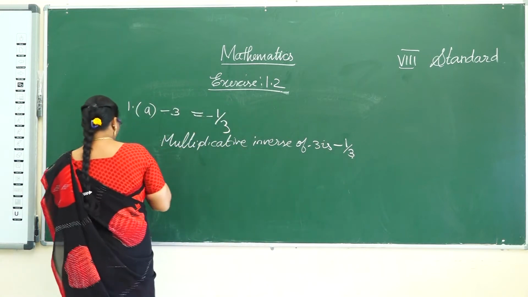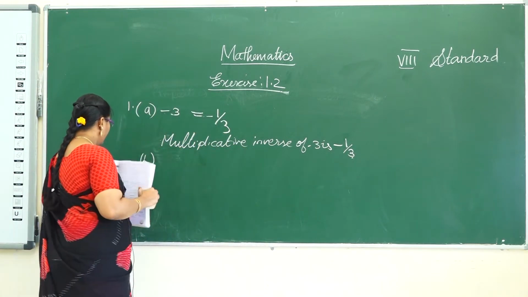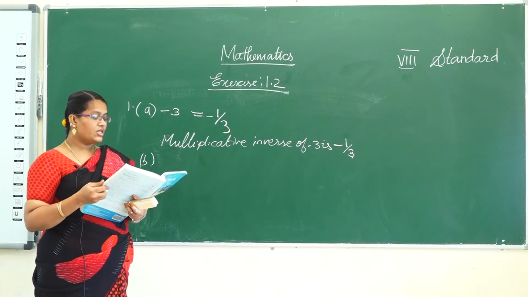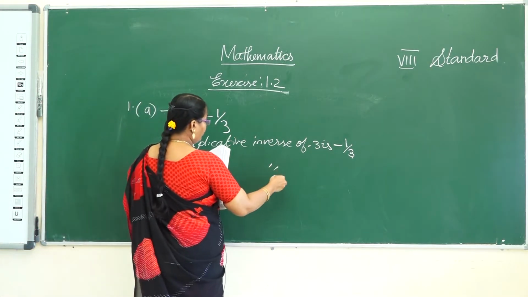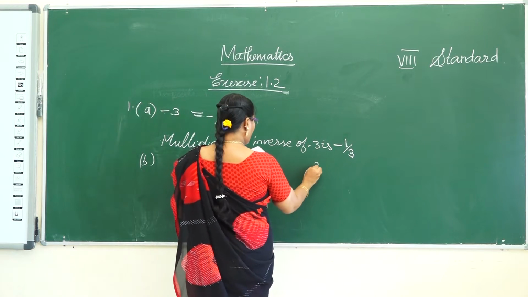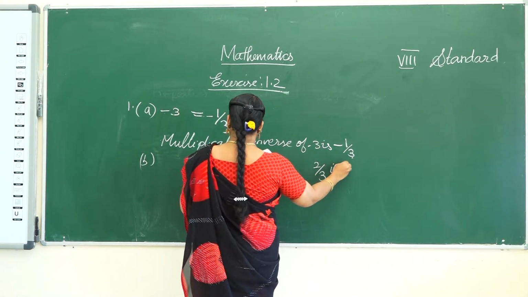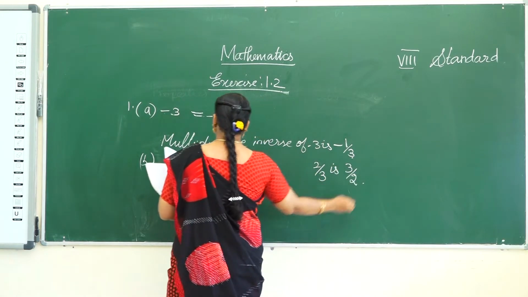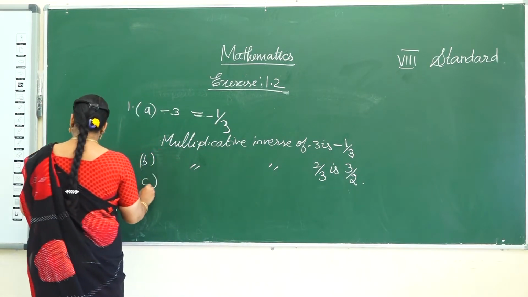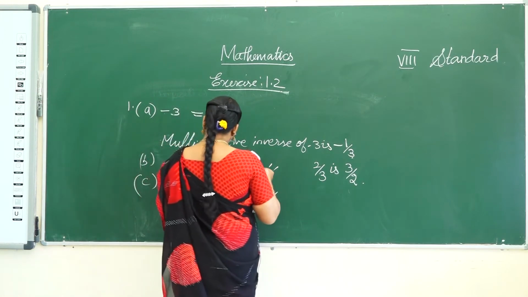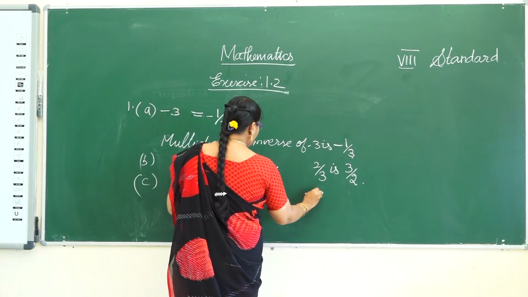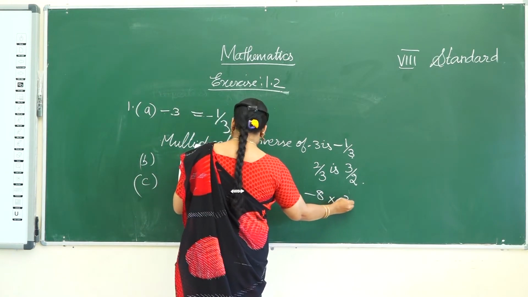And B, what is the reciprocal of 2 by 3? The multiplicative inverse of 2 by 3 is 3 by 2. And C, the multiplicative inverse of which value is given? Minus 8 into minus 3 by 4.